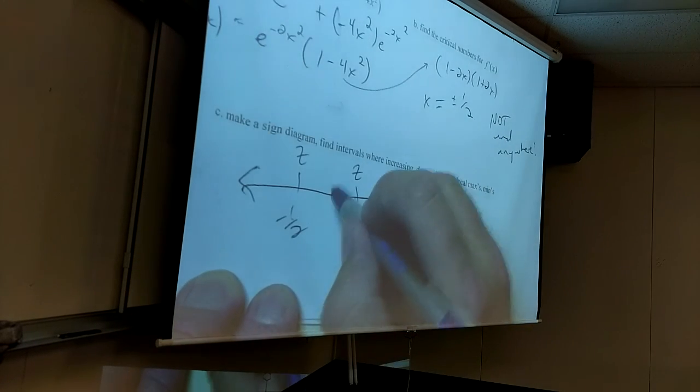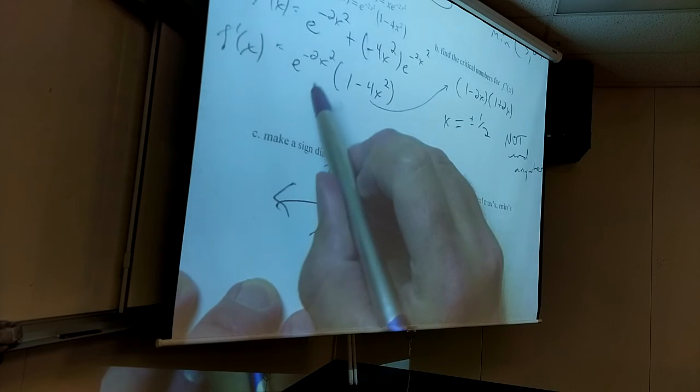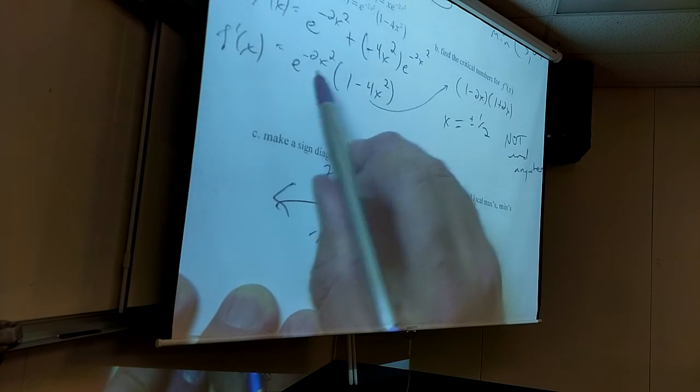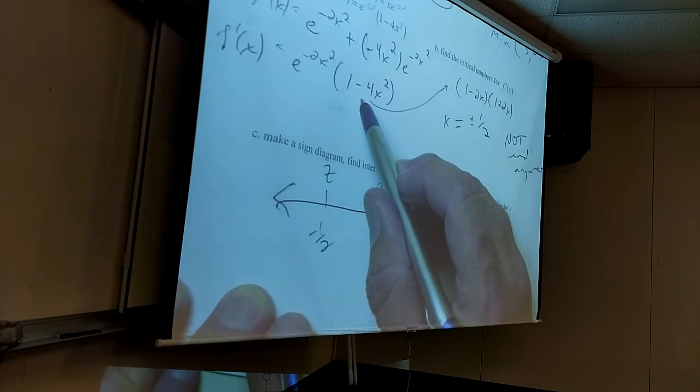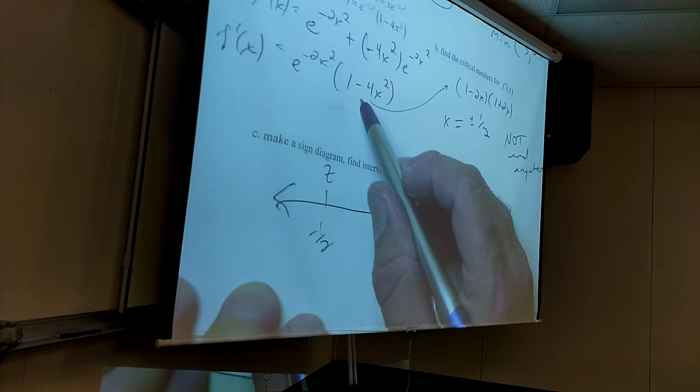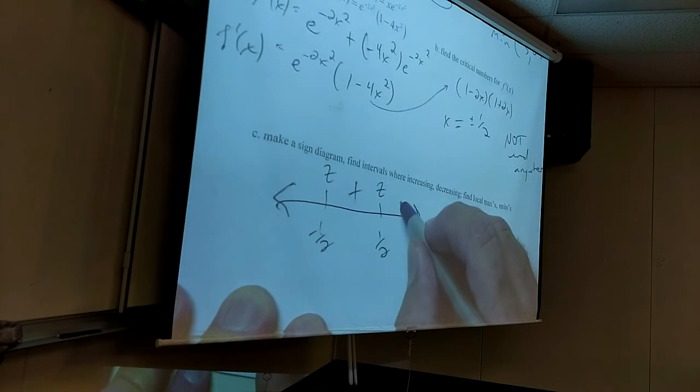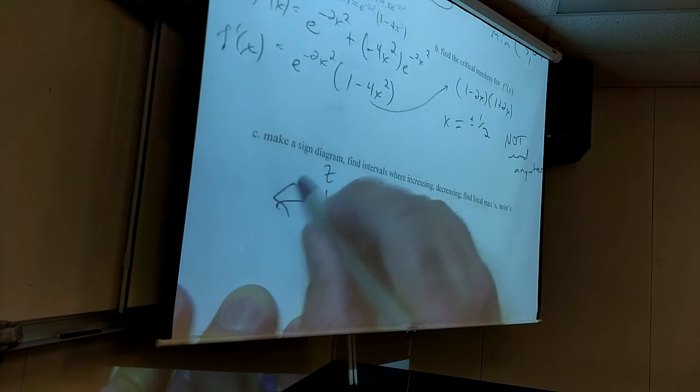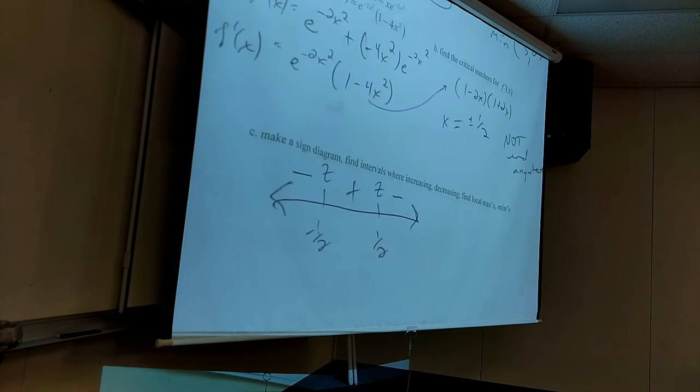If I put a 0 in, what do I get? I get 1 times 1, so I get positive. And what's it going to be out here? Negative, because it's got odd multiplicity everywhere. It's going to change signs everywhere. I like it.